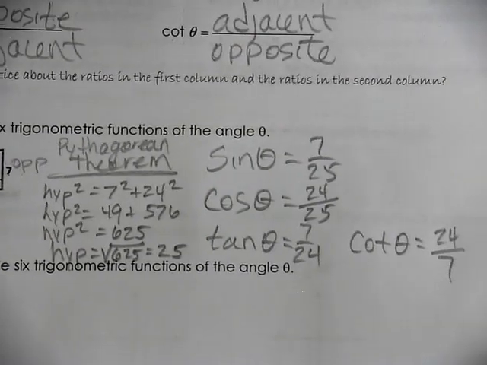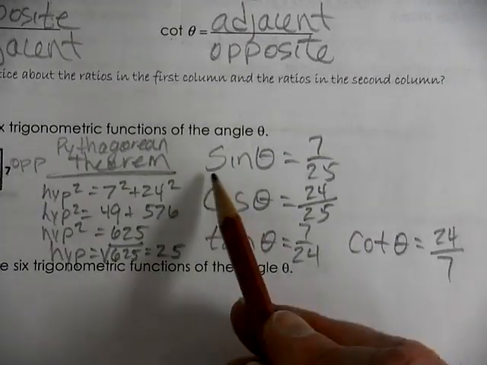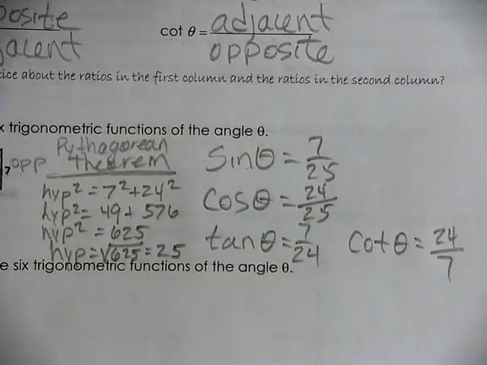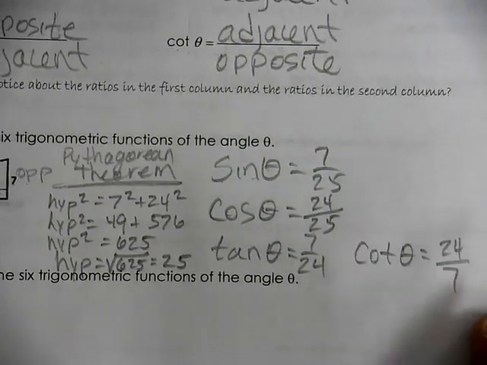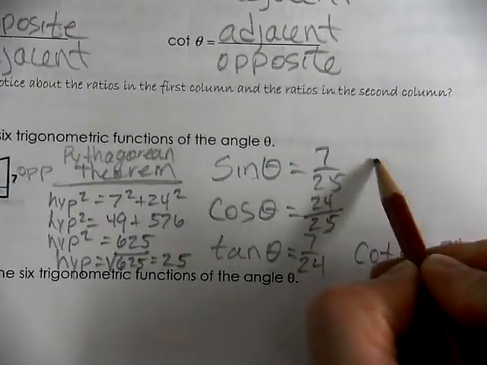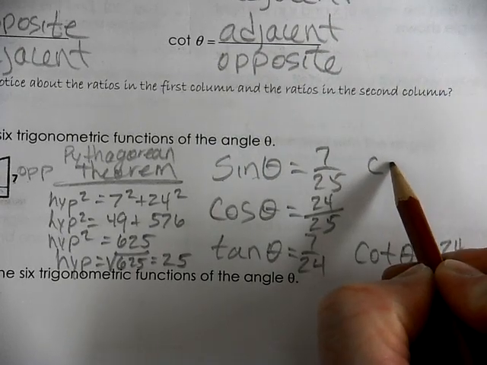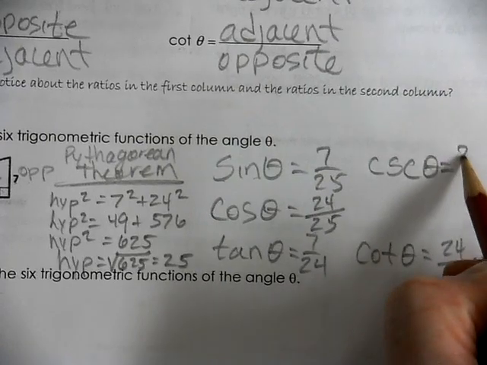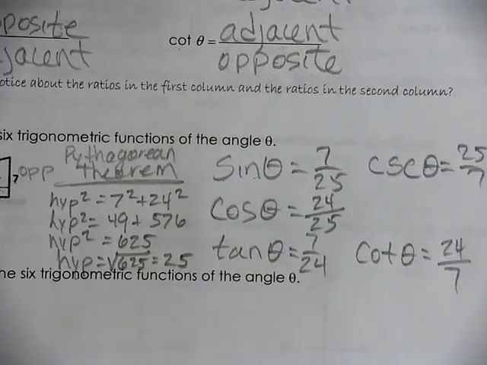But we can write with the other family now. Sine relates with which trig ratio? Cosecant, abbreviated CSC, and they are reciprocals of each other.